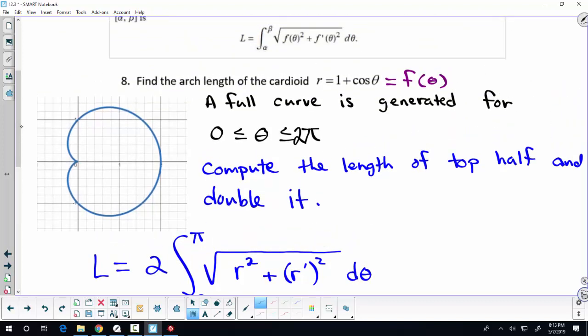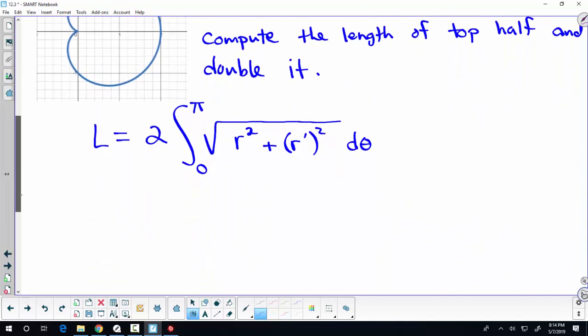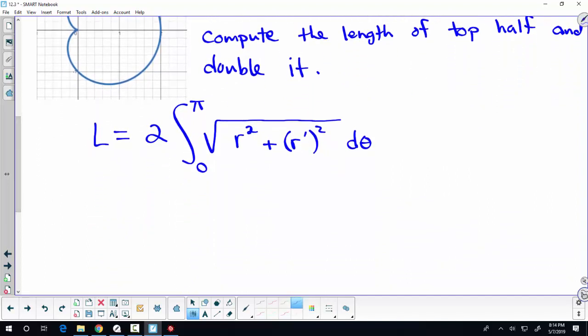All right, so we'll find r prime, or f prime of theta. Derivative of cosine. And maybe let's try to simplify this radical before we go off computing that. Off to the side, let's simplify. If there's a sine squared plus a cosine squared in it, can that be a 1? Yes.